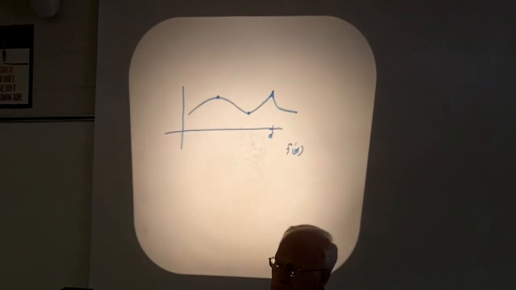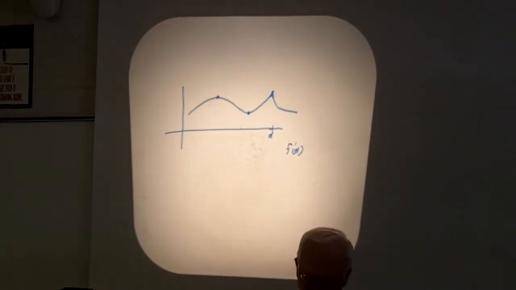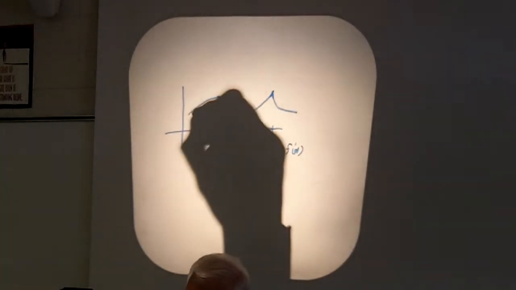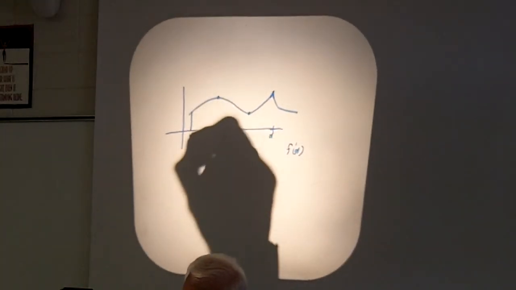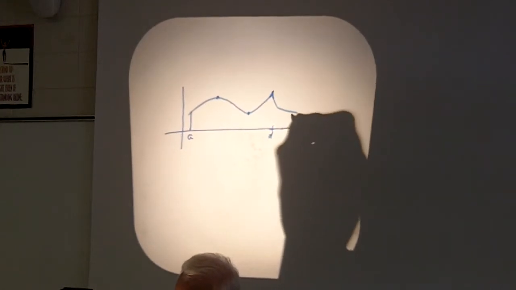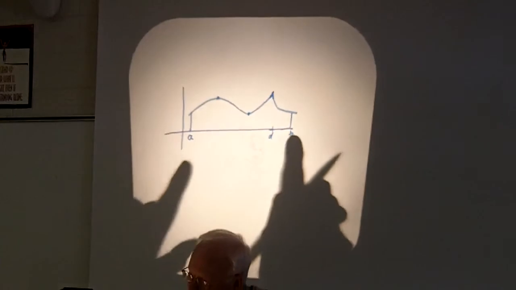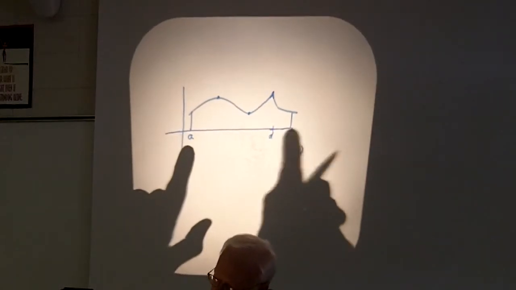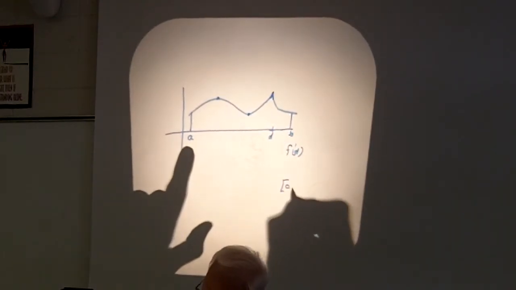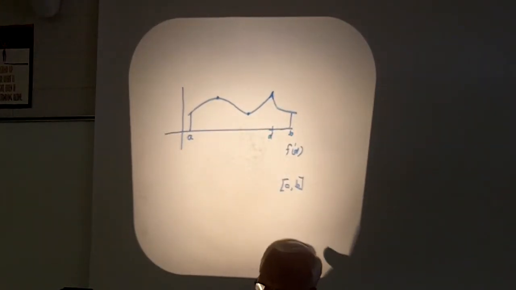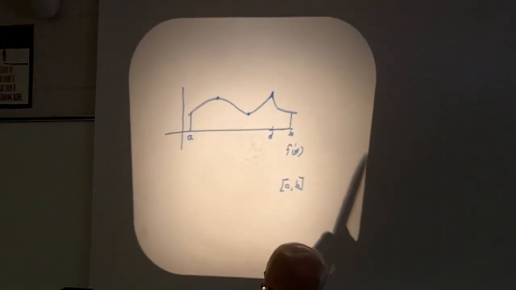So how do you know if it's local or relative or global? In this function, we'll call this point A, and this point up here B. On this closed interval A, B, what is the global or absolute max?